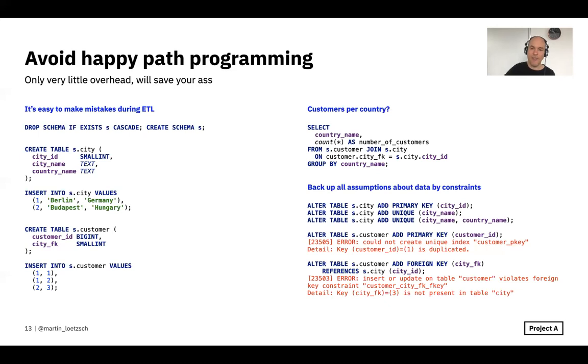And you also add foreign keys. So you say, if I have a value for a city ID in my customer table, I really want that city to also exist in the city table. So you add a foreign key from customer to city, and if you do that, the database will tell you that city number 3 is not present in the table city.